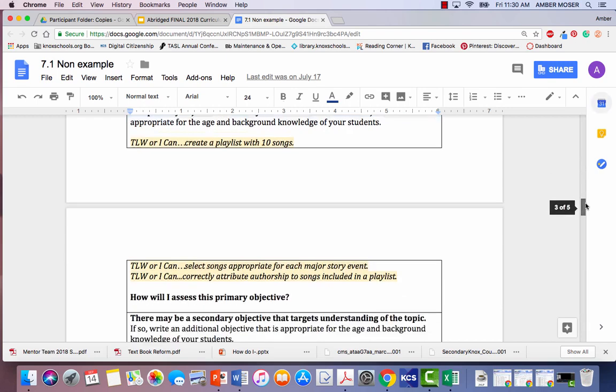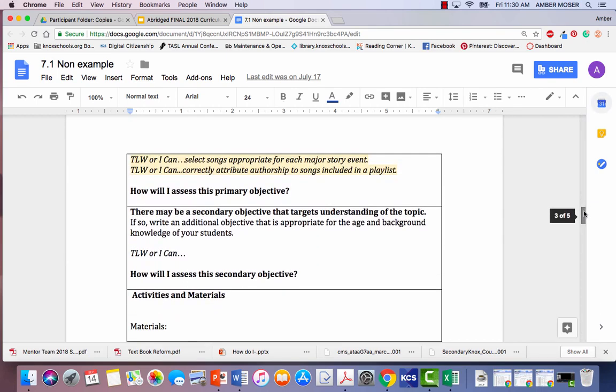A secondary objective might be something that you're hoping students will master, or at least start building towards mastery, maybe in a topic or an idea.